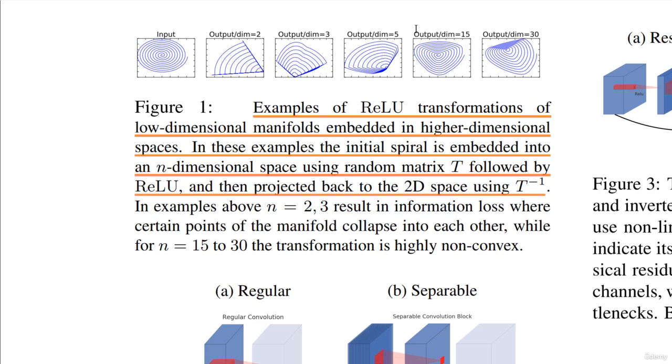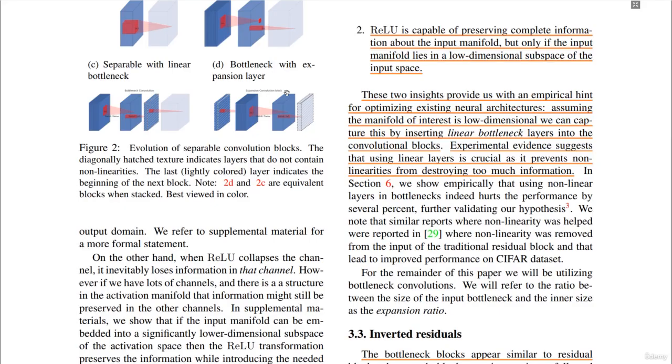But as we keep on increasing the dimensions of the output and then projecting the results back to the 2D plane, we see that less information is lost. And so if we are carrying out an operation which involves transforming inputs into lower dimensions, to avoid losing too much information we could prefer to work with a linear activation instead of a non-linear activation like the ReLU, which will lose much information. Also, experimental evidence suggests that using linear layers is crucial, as it prevents non-linearities from destroying too much information.